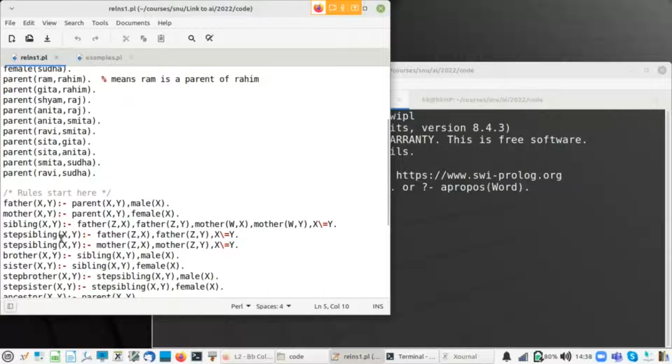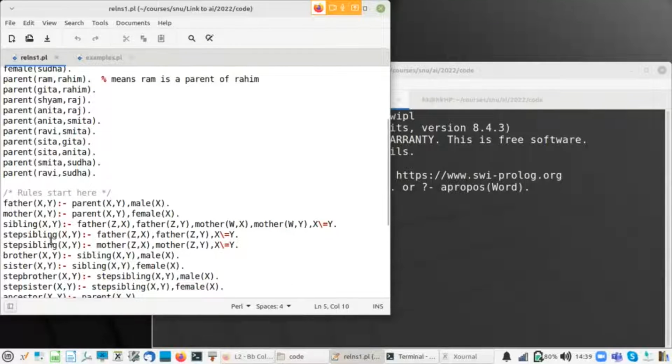Now notice this sibling. What is sibling? Sibling means they are either brothers or sisters, and X and Y have to be distinct, and they must have a common father and a common mother.